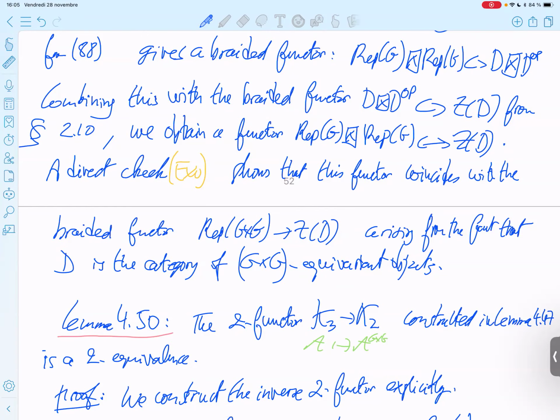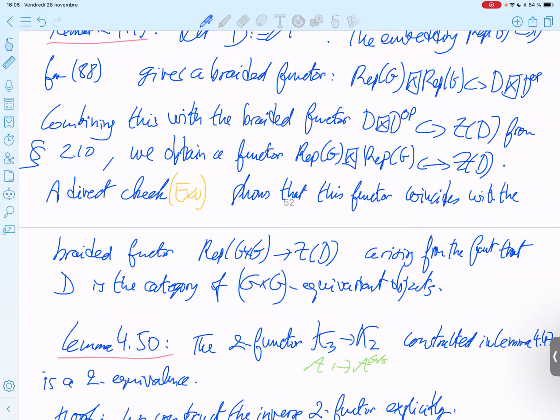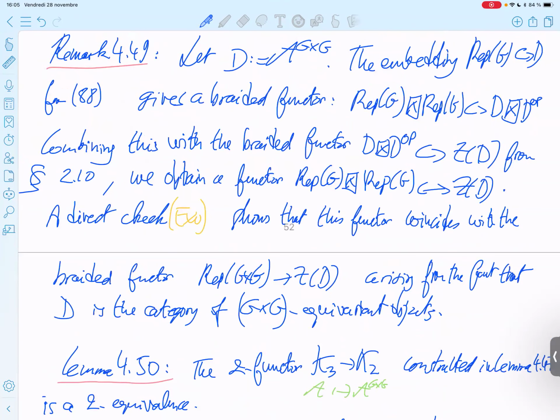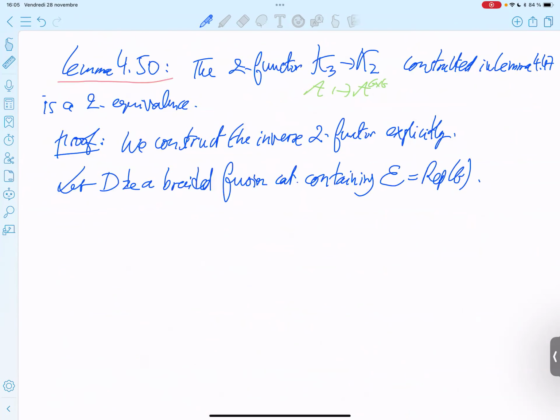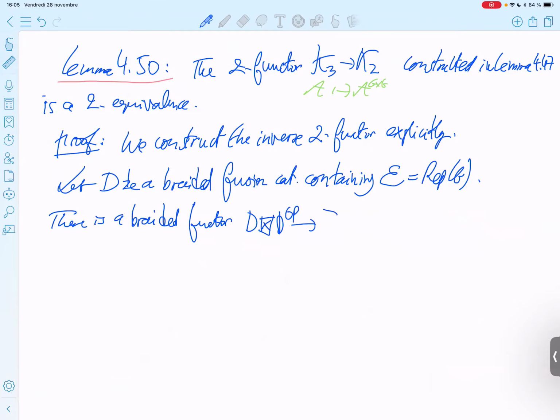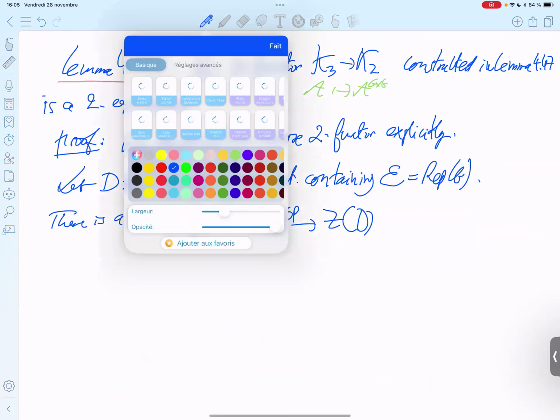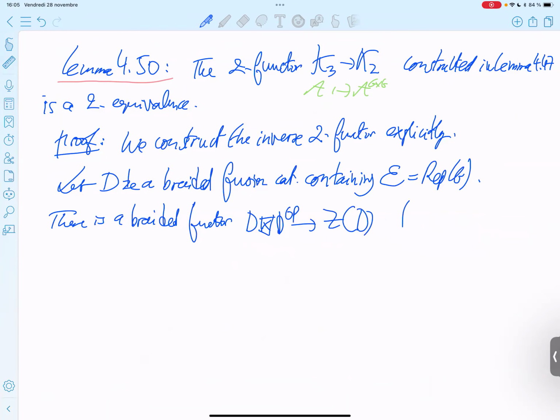Combining this with the braided functor, there is a braided functor D tensor D up to the center of D. But now they refer to proposition 3.7 and remark 3.8a.